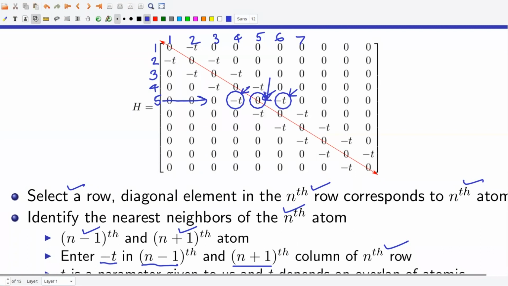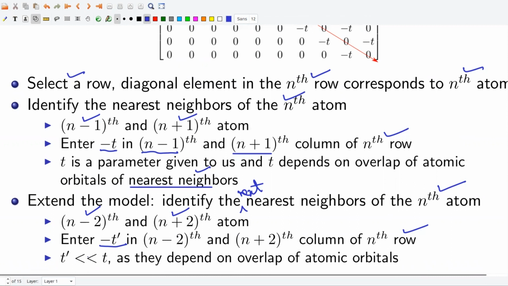Now, the 3rd atom and the 7th atom are the second near neighbors of the 5th atom. So, we select the 5th row and we go to the 3rd column of the 5th row and enter -t dashed. Similarly, we go to the 7th column of the 5th row and enter -t dashed. Since t depends on overlap of atomic orbitals, t dashed has to be significantly smaller than t.